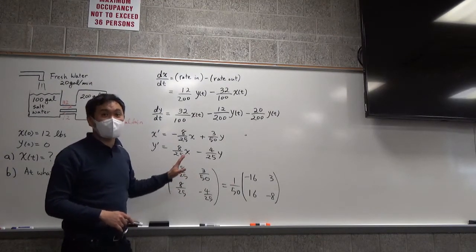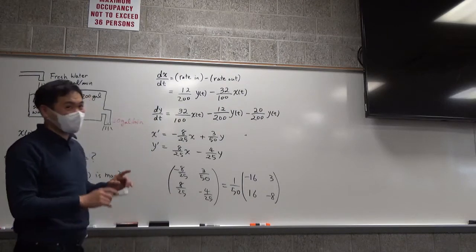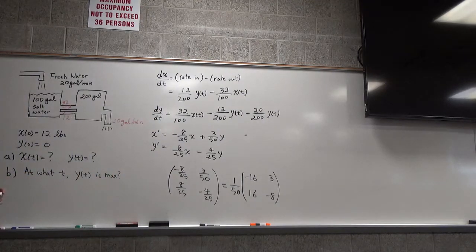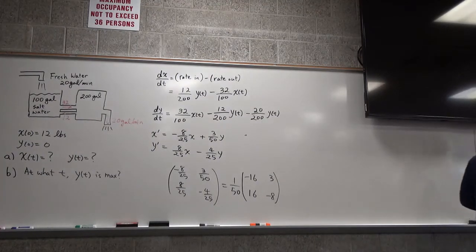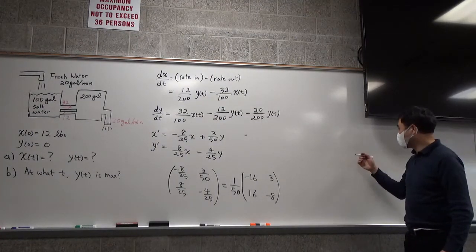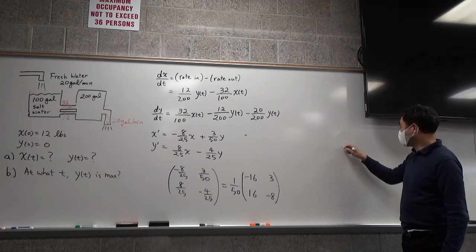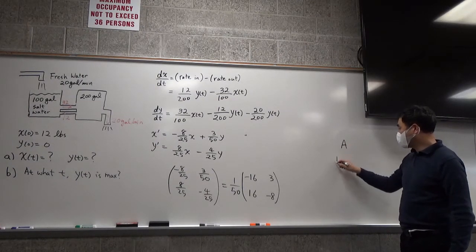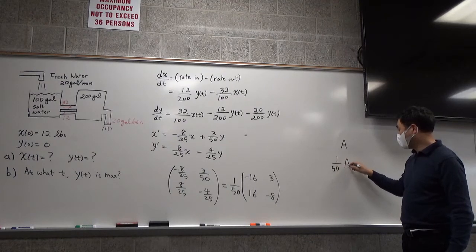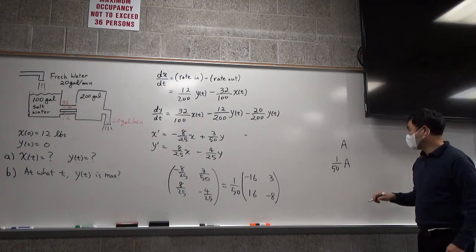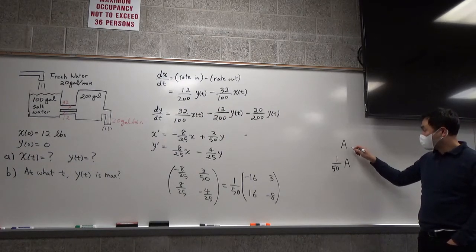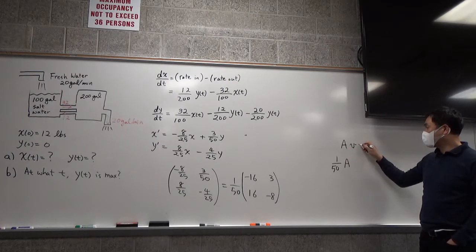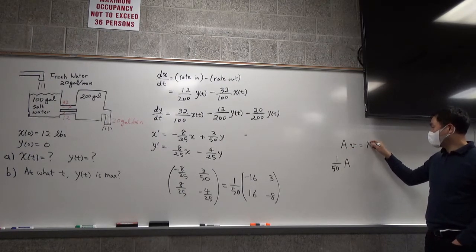So that's the relationship. And you can just sit down and think a little bit why that's true, but it's not that hard to see. Okay? Should I explain why? Let's see. So let's say we have A and 1 over 50 A. Eigenvector is if you multiply A to v, then that's some lambda times v.